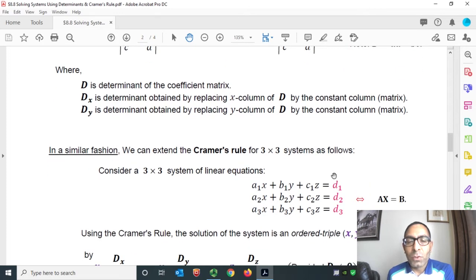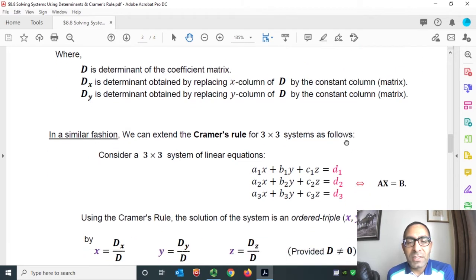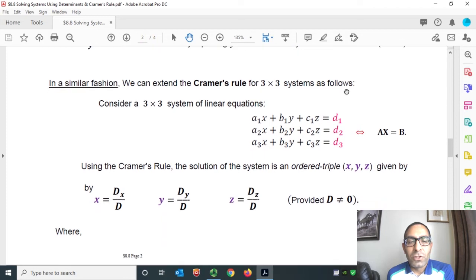Similarly, Cramer's rule for a 3 by 3 system is as follows. Consider a 3 by 3 system of linear equations. Here I put a suffix on the constants. So a1x plus b1y plus c1z equals d1, a2x plus b2y plus c2z equals d2, a3x plus b3y plus c3z equals d3.